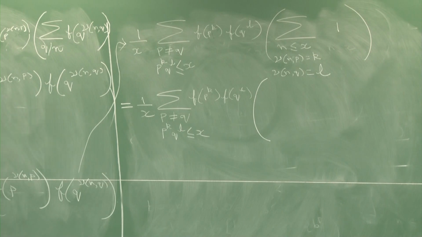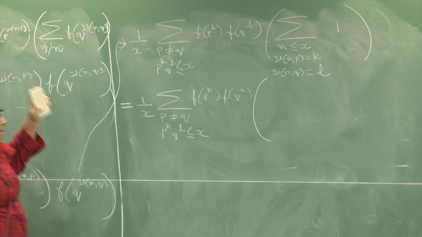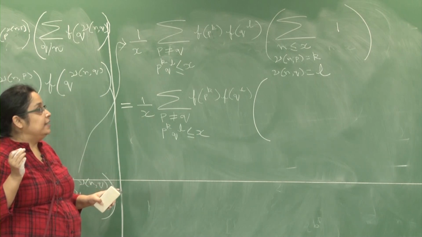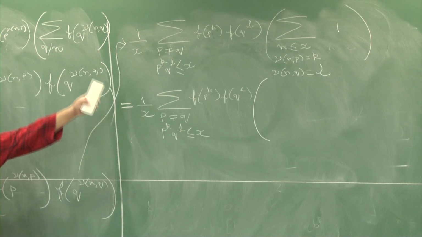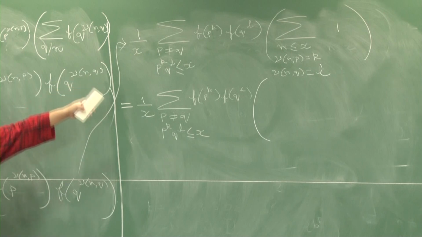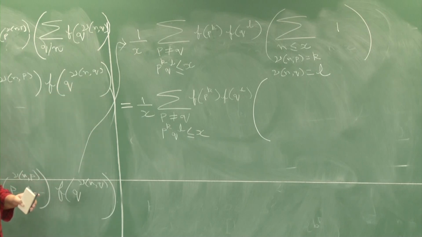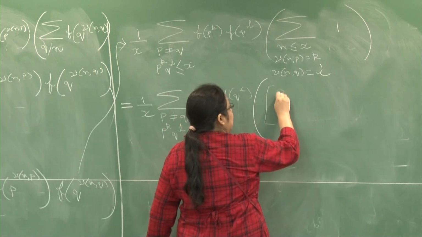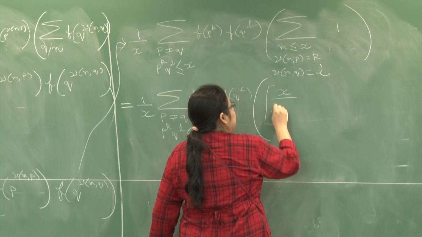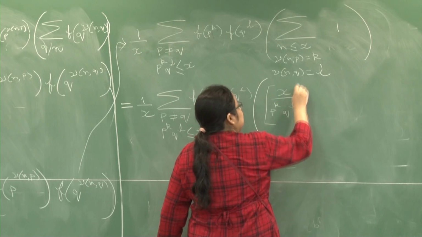And similarly for q to the l. q to the l divides n, but q to the l plus 1 does not divide n. So, you want p to the k to divide n, q to the l to divide n, therefore, their product must divide n. Okay. So, what are the possible multiples of p to the k times q to the l which would be less than or equal to x? That will just be the greatest integer of x over p to the k times q to the l.